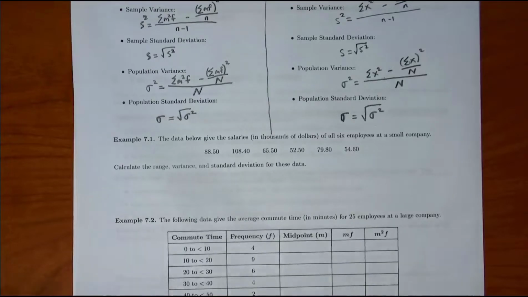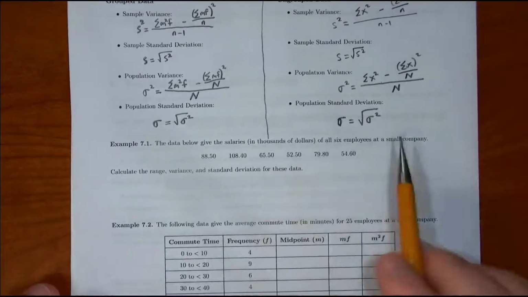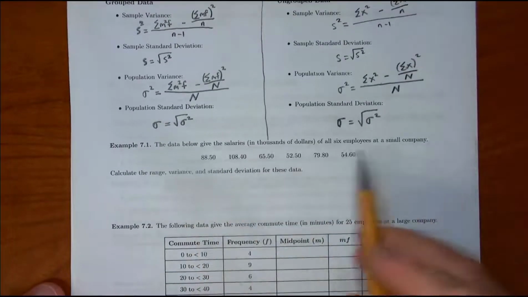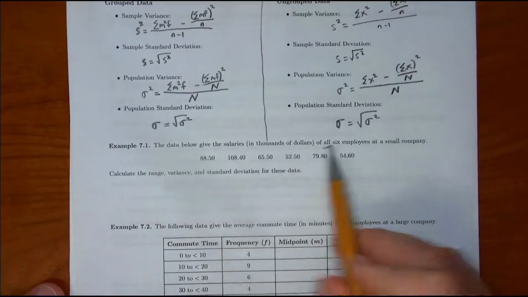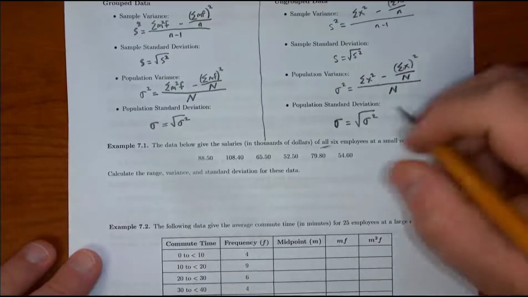Now let's see. How do we know if it's population or sample? The data below give the salaries of all 6 employees at a small company. This is everybody. This is the salary of everybody at the company, population data.